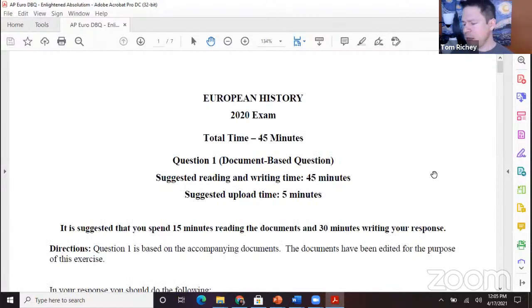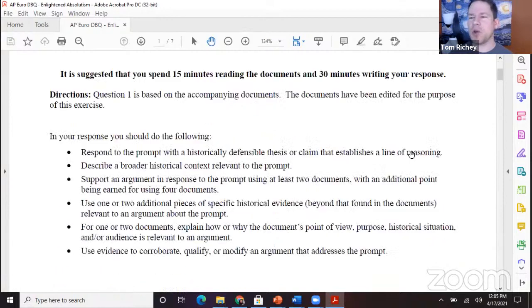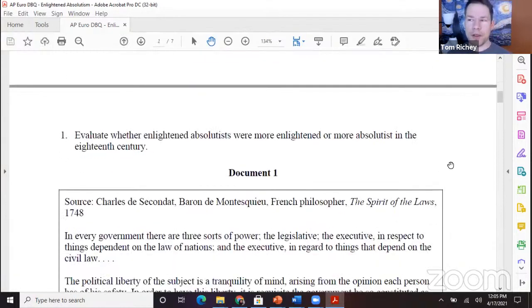Remember that for AP Euro, the DBQ prompt is always going to be an either-or, more this or more that. APUSH can be more complex because there can be a variety of prompt formats. When we're looking at something like enlightened absolutism, some people may see it as a bit of an oxymoron.